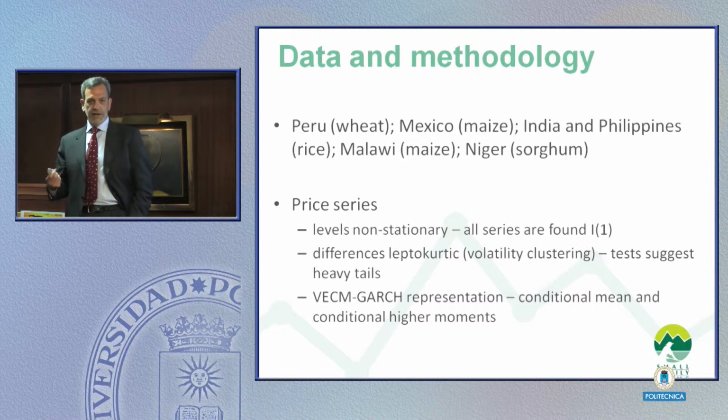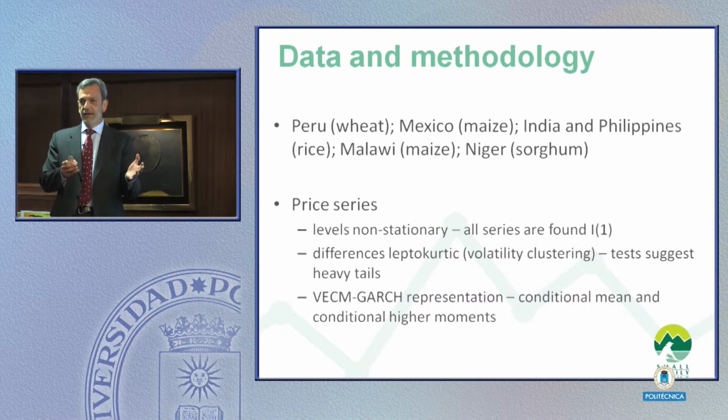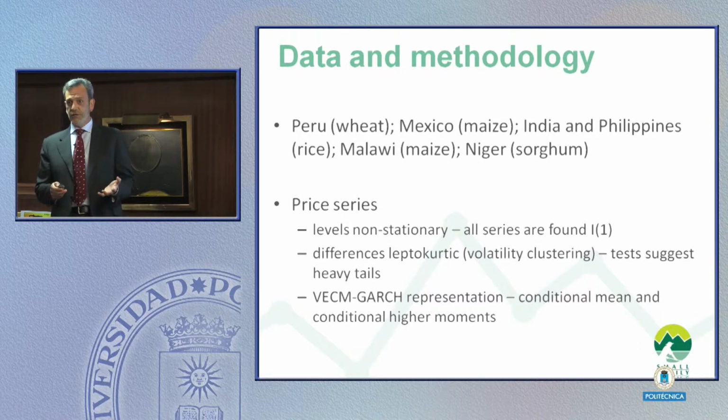It does not fade away. The analysis also shows that in these prices, volatility is clustering. There are periods of high volatility and periods of low volatility. And I'm using a vector error correction model and a GARCH model.